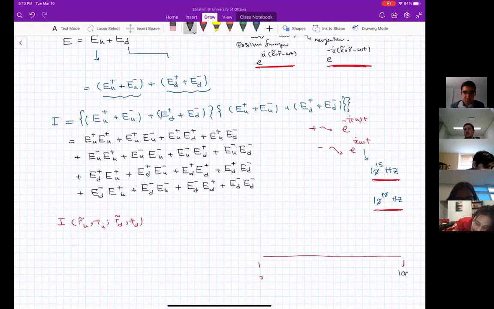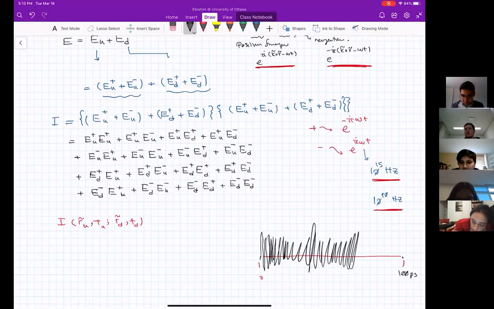It's 100 picoseconds. Yes, it's 100 picoseconds. Then in this interval, I have 10 to the power of 5 oscillations until here.